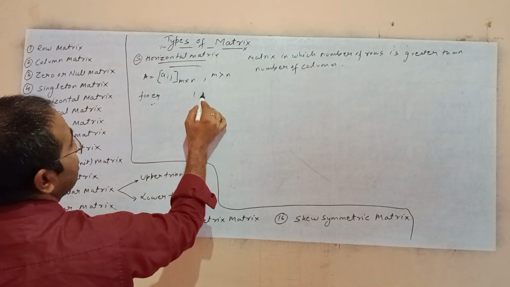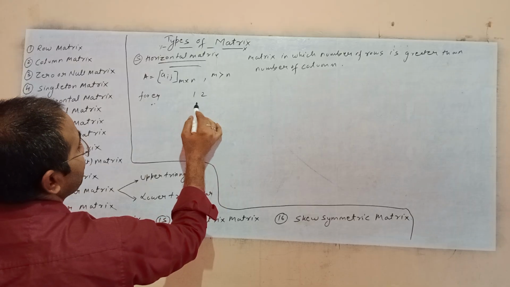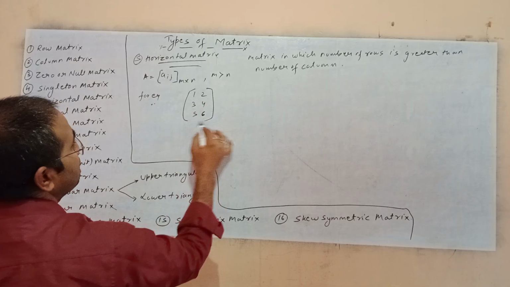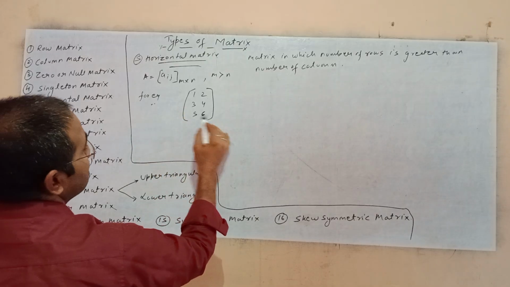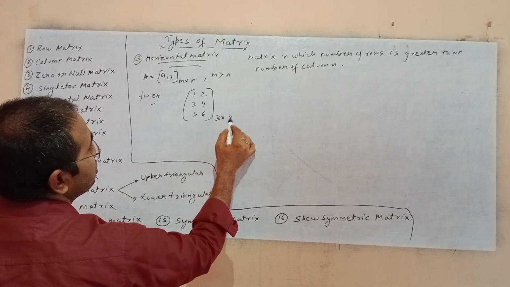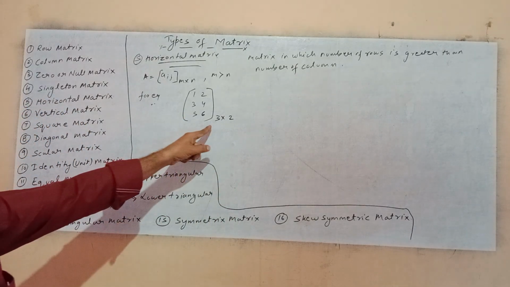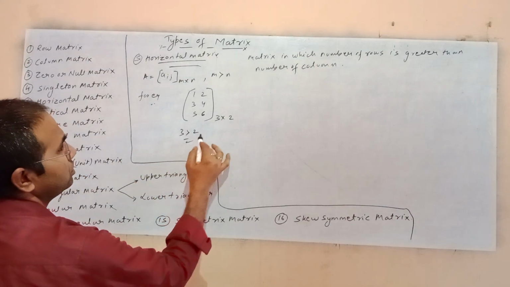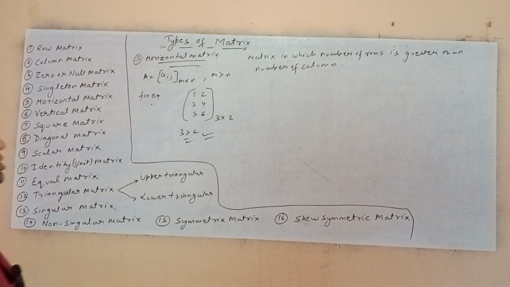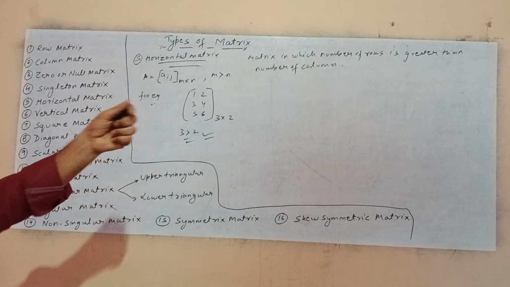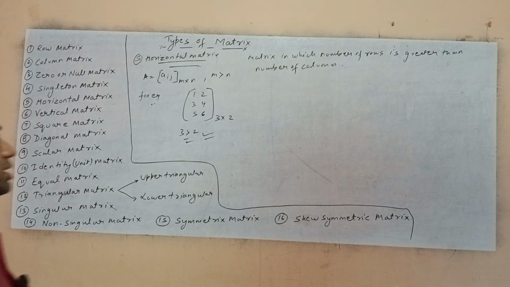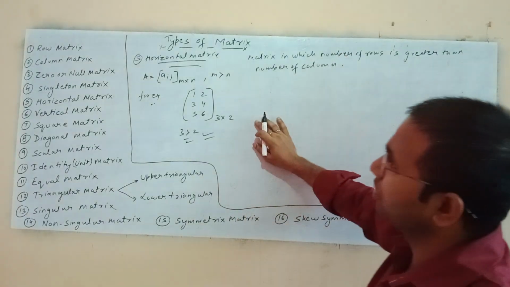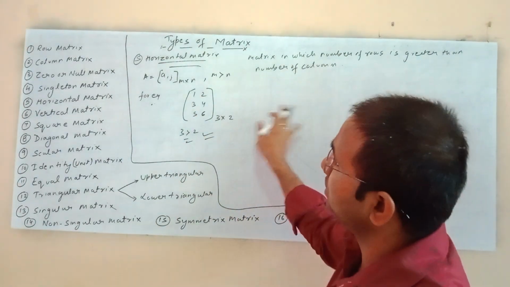Suppose you write 1 2, 3 4, 5 6. This matrix is of order 3 cross 2. 3 cross 2 means there are 3 rows and 2 columns, and here 3 is greater than 2, so it satisfies the condition. In this way you can define the horizontal matrix. In this, the number of rows will be greater than the number of columns, meaning you can write it horizontally.